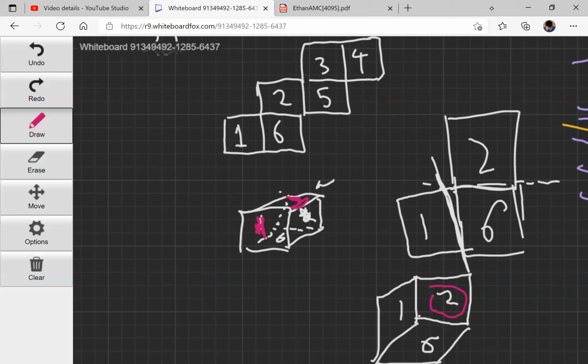So it's actually 5, okay? So can you see what's opposite 6?